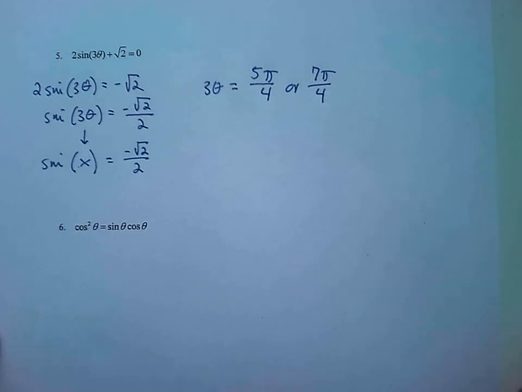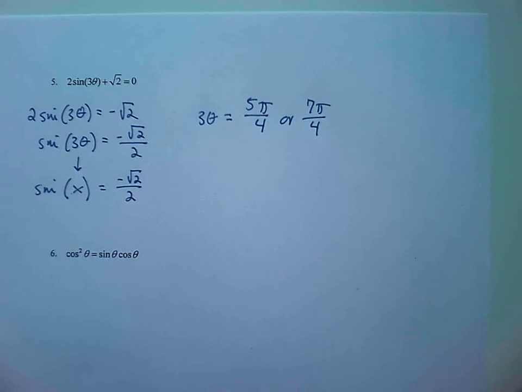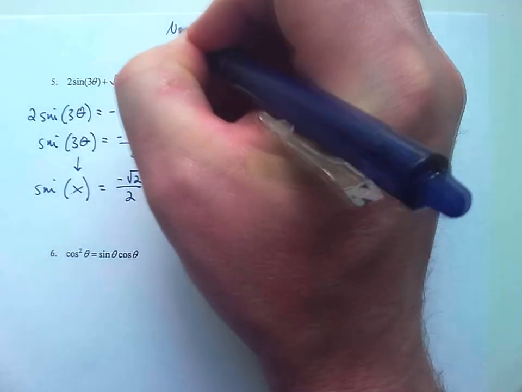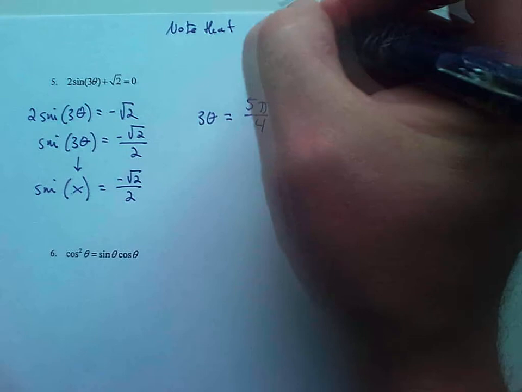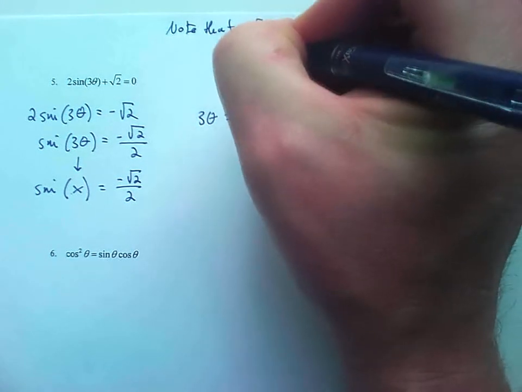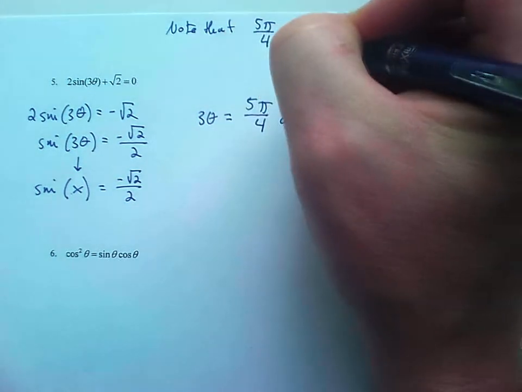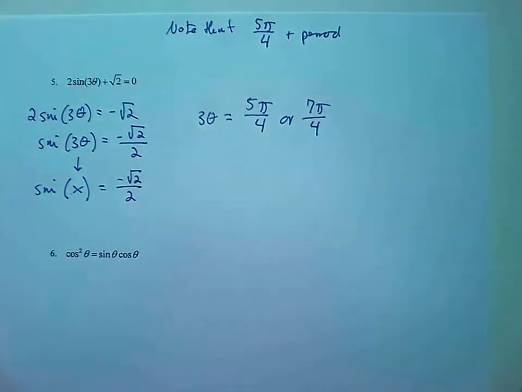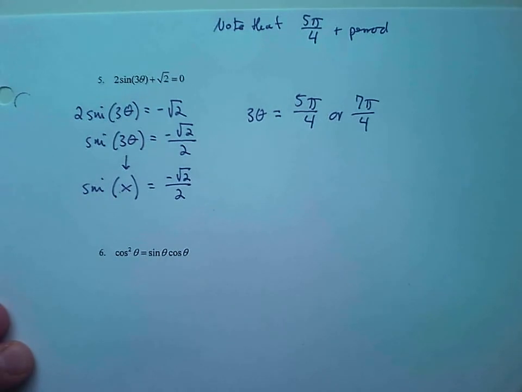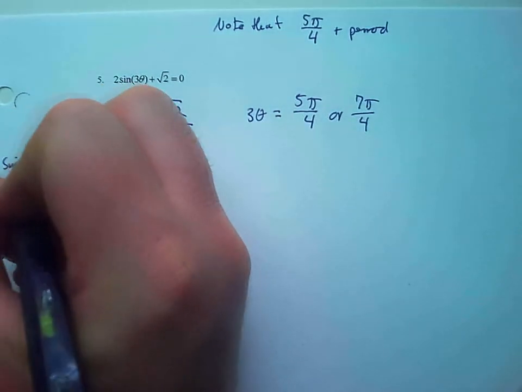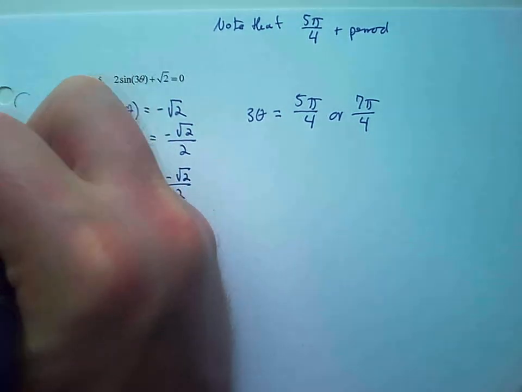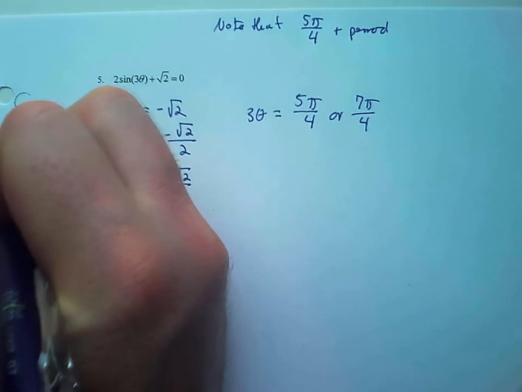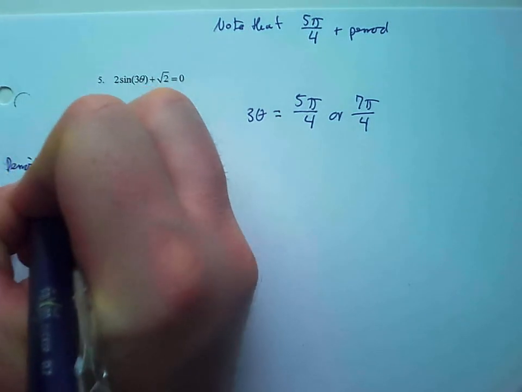Alright, so now the important thing to realize here is this. Just like we did on the previous page, note that if we take 5 pi over 4 and we add our period to it, again, what's our period for the sine function? Here our period is 2 pi.